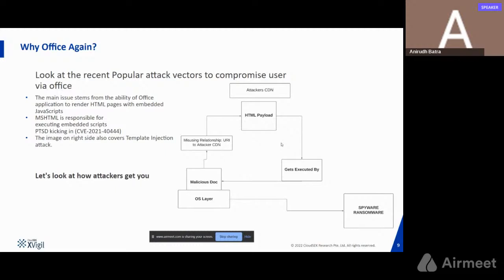That's because there is something called MSHTML, an engine which can render your HTML code, which is what we are using. And that's where the older attack scenario, CVE-2021-40444, comes into the picture as well, right? So we've got HTML code and a script embedded into it, and we fetch that. The malicious document which reached back to the attacker server has now executed our payload, which gives us command execution. So this is the simple flowchart of what we are trying to achieve using this vulnerability.